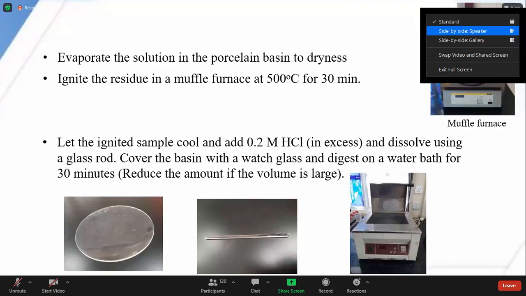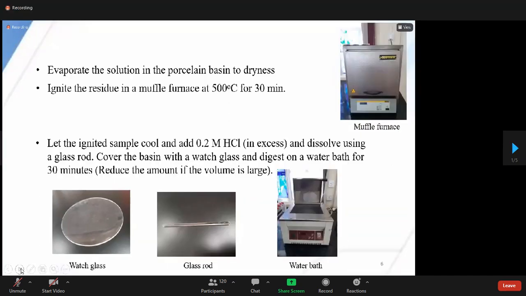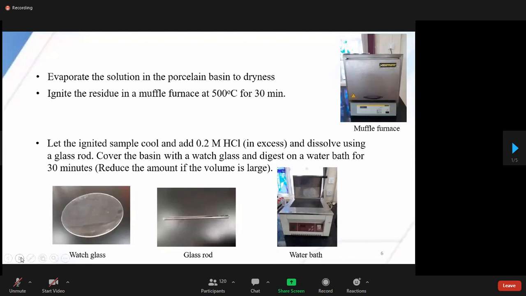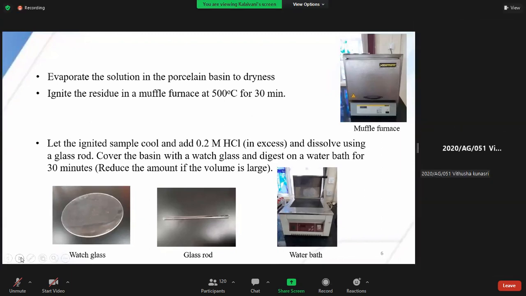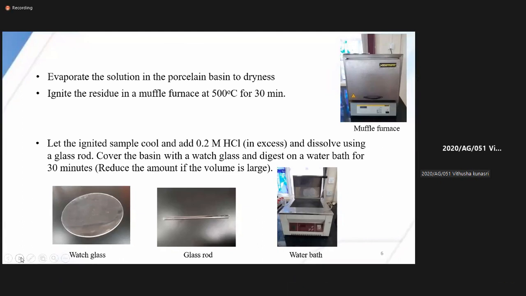Then digest on the water bath, providing uniform temperature. Then titrate using methyl orange as an indicator.